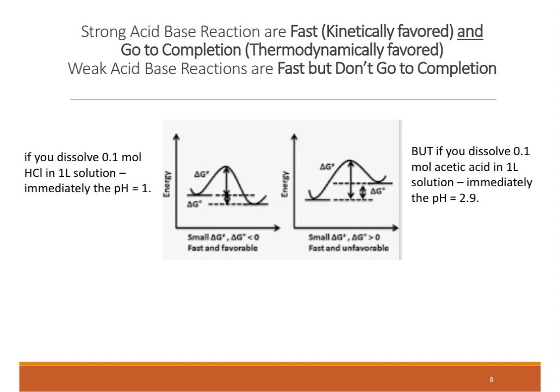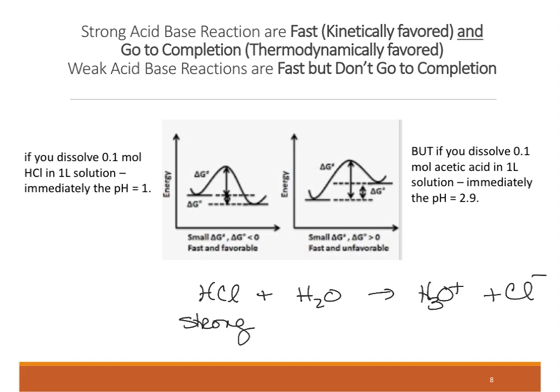All right, I want you to think specifically about an acid base reaction. So we're going to take a strong acid and we're going to put it in water. So we'll get hydronium ion and the conjugate base. We know that's a strong acid. And so if you remember the definition of strong acids and bases, they dissociate 100%.